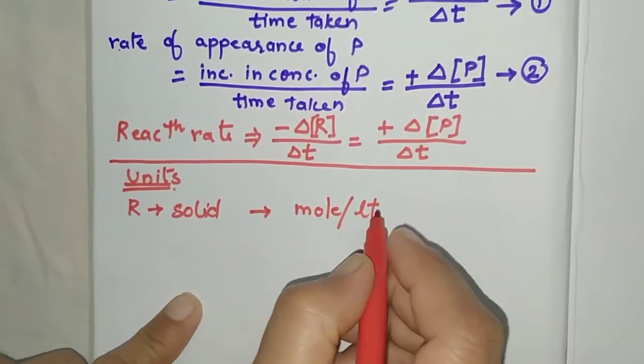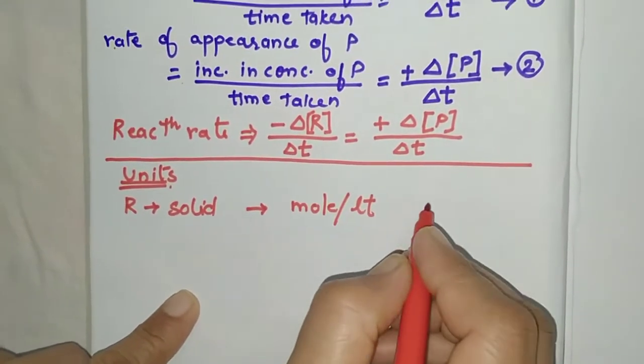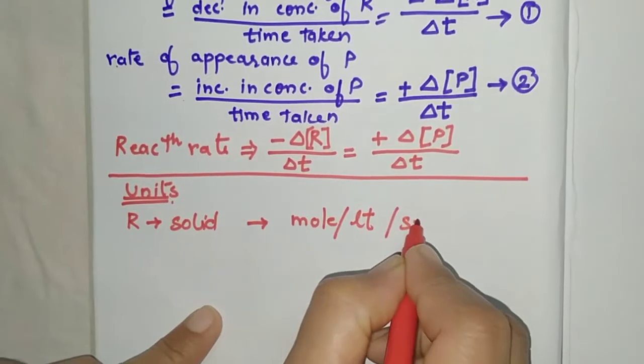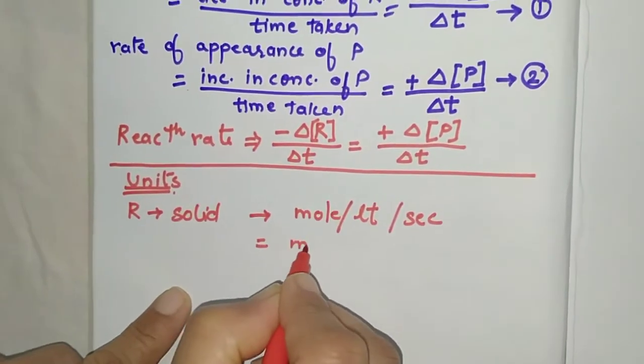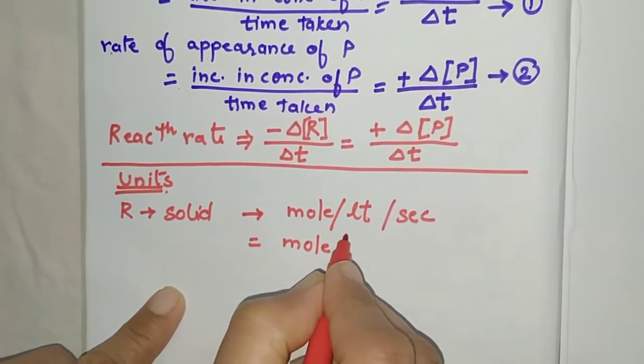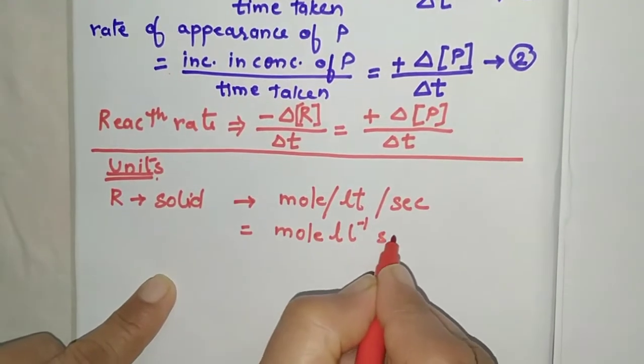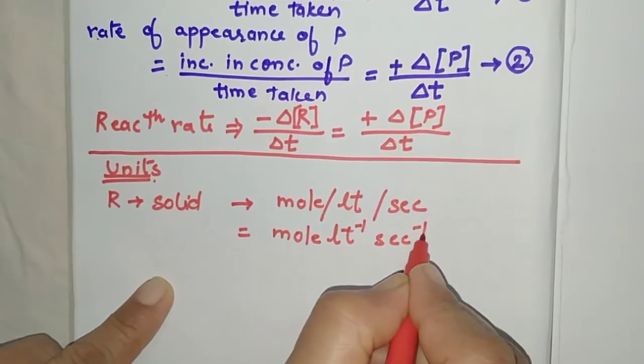So your unit will be mole per liter upon second, that is, mole liter inverse second inverse.